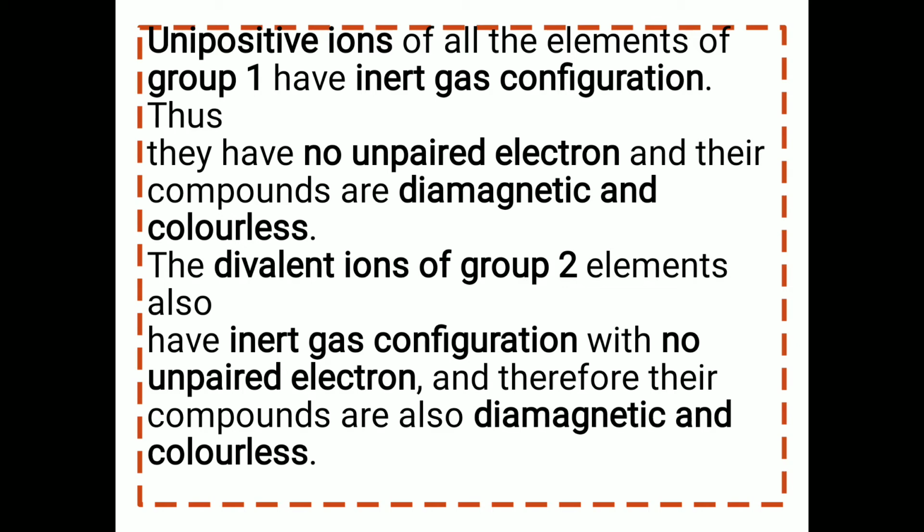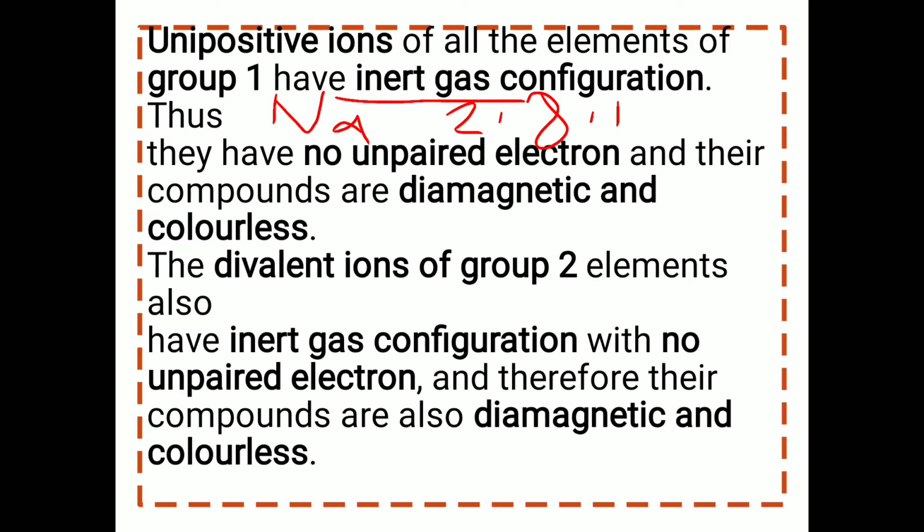Now, the unipositive ions of the elements of group 1 have the inert gas configuration. For example, consider sodium, represented by the symbol Na. It has atomic number 11 and electronic configuration 2, 8, 1.